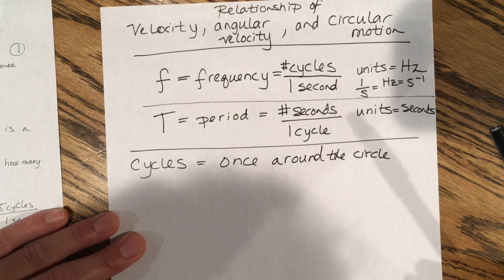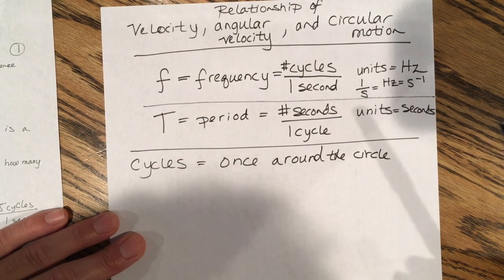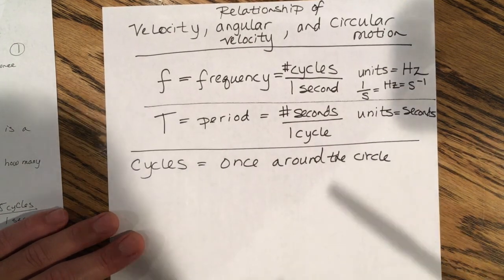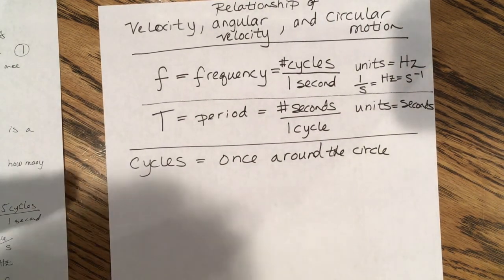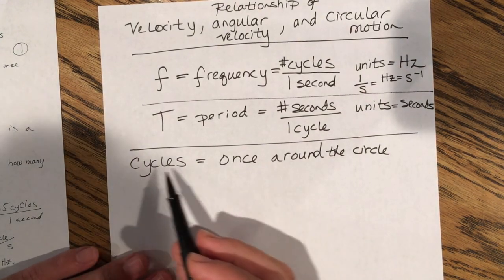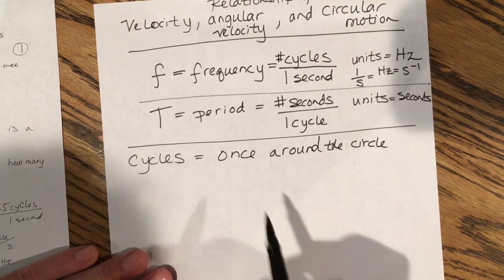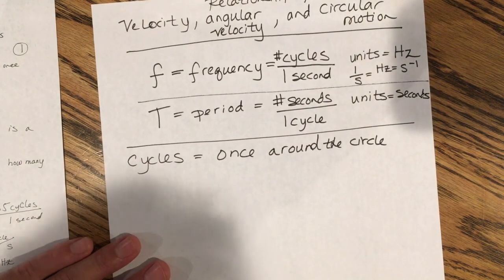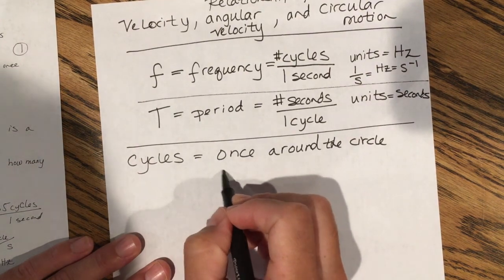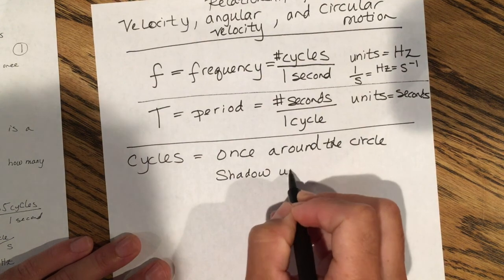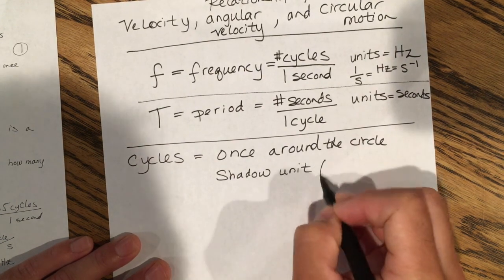Or if it's 2 cycles per second, then it would be 1 1,000, 2 1,000, 3 1,000, 4 1,000, 5 1,000, right? And so you can see where this is going. So it's one of something, but in this case, it's going to be once around the circle because we're interested in circular motion. But it is a shadow unit, and what I mean by that is it's not really there.